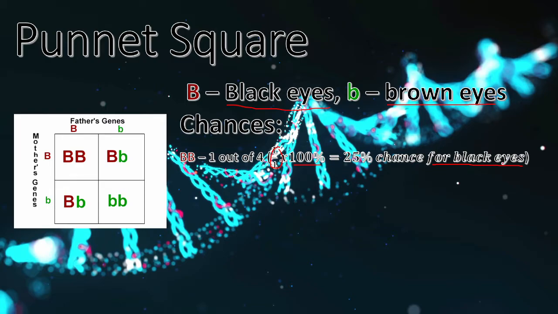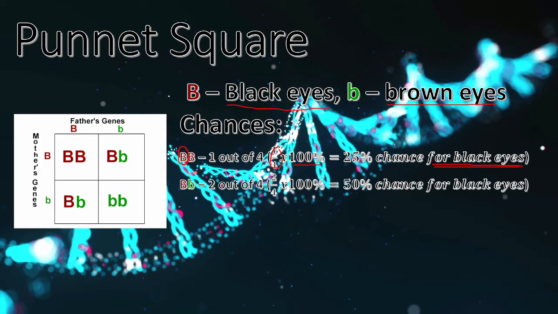So how come you will have black eyes? Going back to the description of a dominant allele, the dominant allele will always be present if either one of the alleles is in the combination. We have a dominant allele, which is the capital letter B. So it will be expressed in our outcome, which is black eyes.